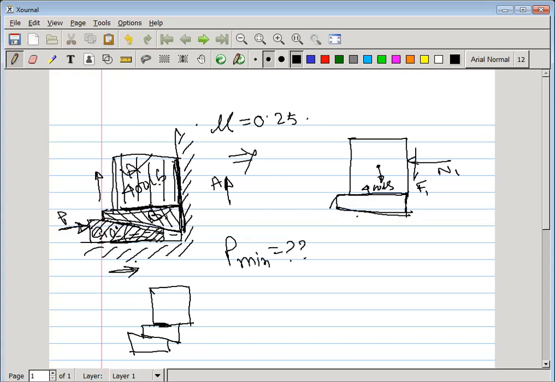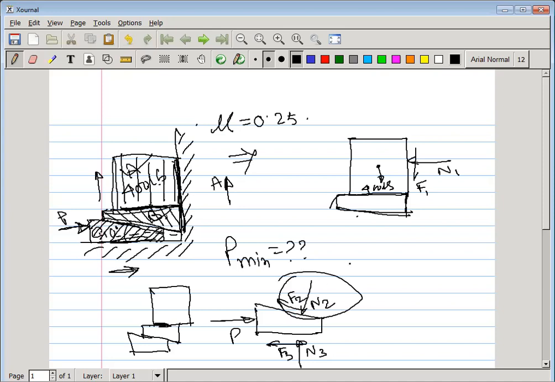If you draw all the forces acting on the body, here this is F3, this is the normal, this is the force P, and as it moves in this direction, this is F2 and this is N2. Remember, the same thing in the opposite direction has to be applied here.